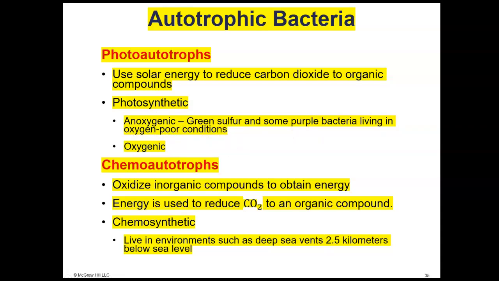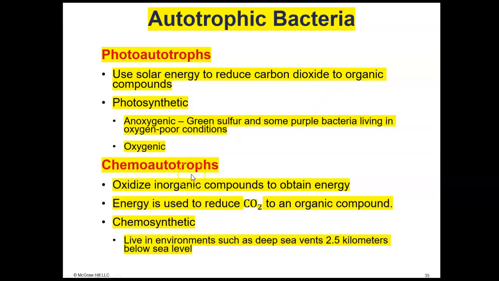And then there's the oxygenic ones like the cyanobacteria. But what photoautotrophs do, they use solar energy or sunlight to reduce or change carbon dioxide to organic compounds like sugars and starches, oils.